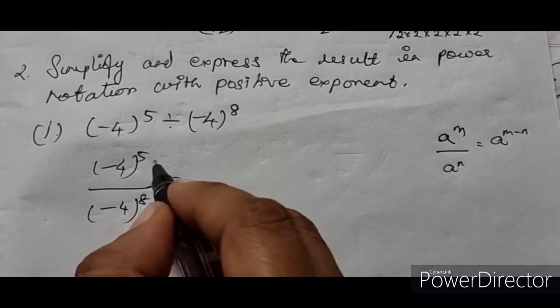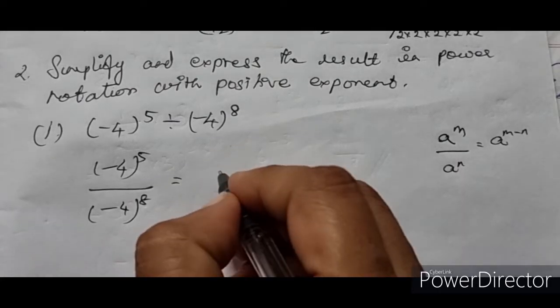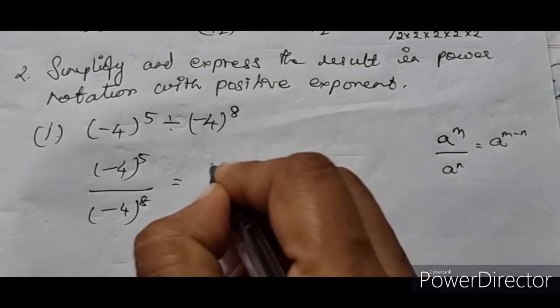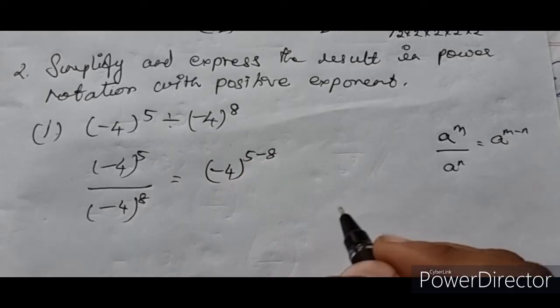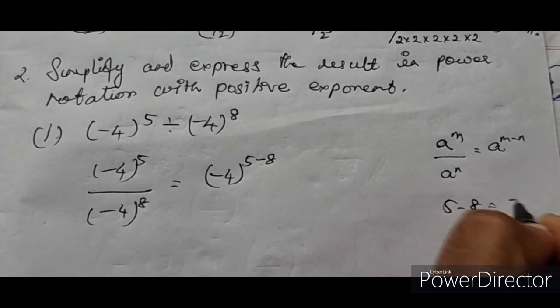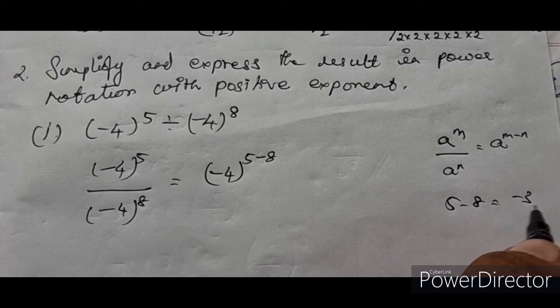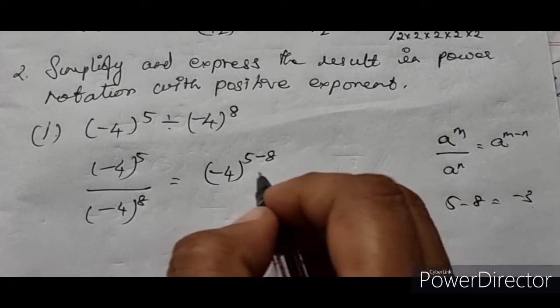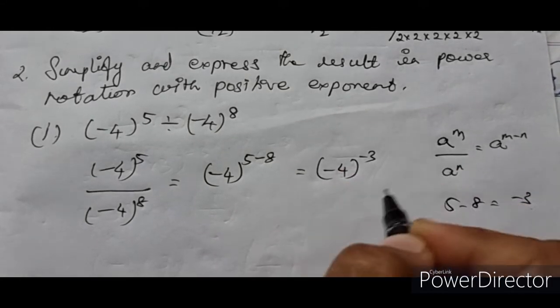Similarly, minus 4 to the power of 5 divided by minus 4 to the power of 8 can be written as minus 4 to the power of 5 minus 8. So 5 minus 8 is minus 3: 8 minus 5 is 3, and the bigger number has the minus sign, so I am making it minus 3. So this can be written as minus 4 to the power of minus 3.